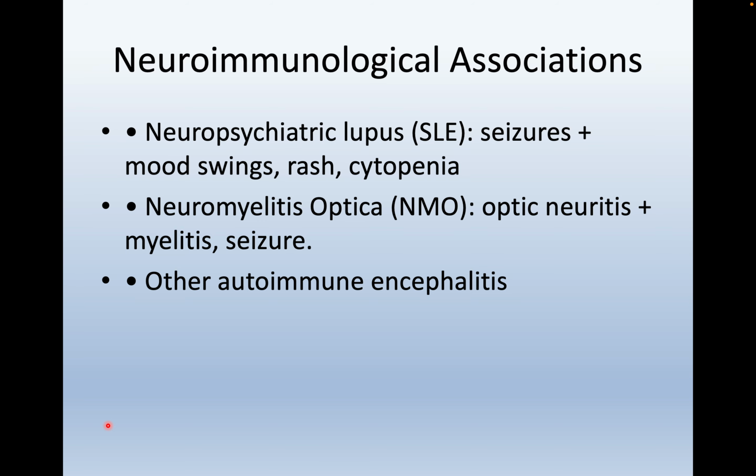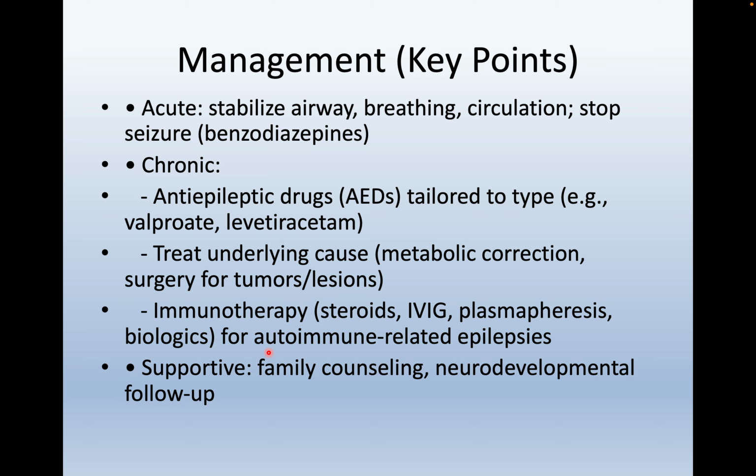This is a neuroimmunological association in neuropsychiatric lupus: seizures with mood swings, rash, and cytopenia, and you can find it only in past test questions, not common in other examinations. Also neuromyelitis optica, optic neuritis and myelitis with seizure, and other autoimmune encephalitis.